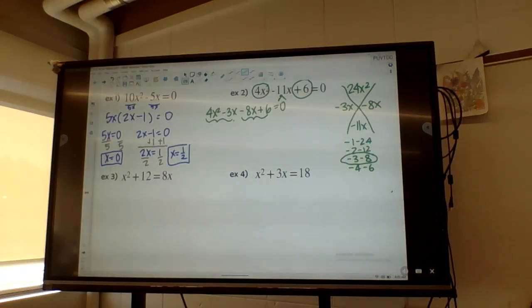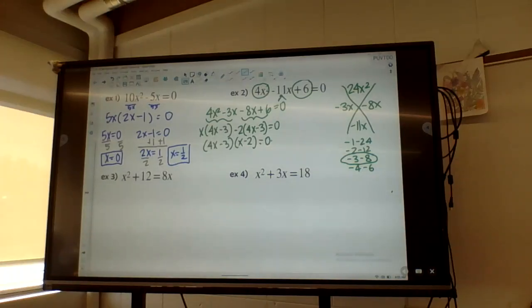So out of the first 2 terms, we can take out an x. Out of the next 2 terms, we can take out a -2. So there's our factors.